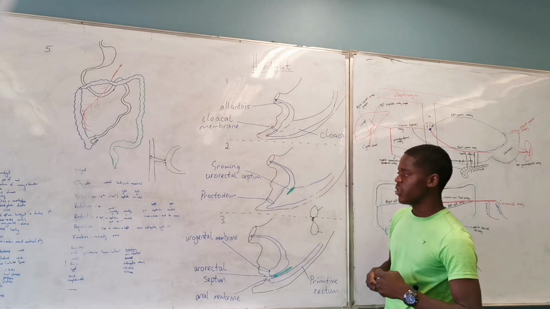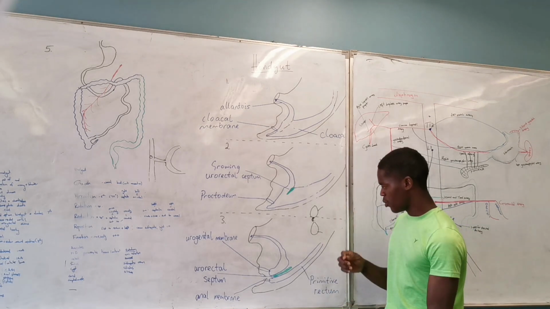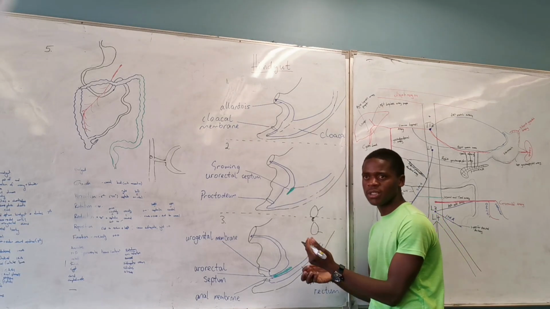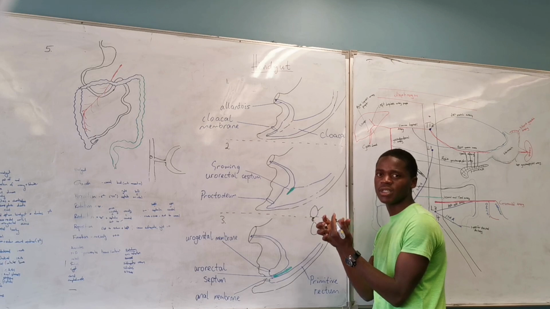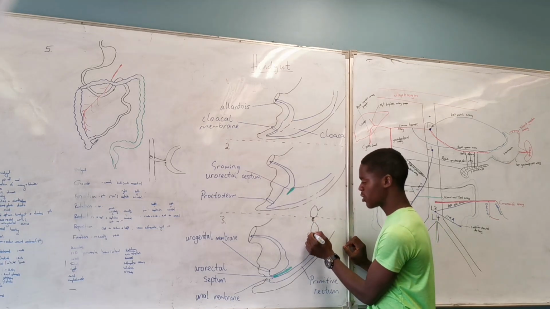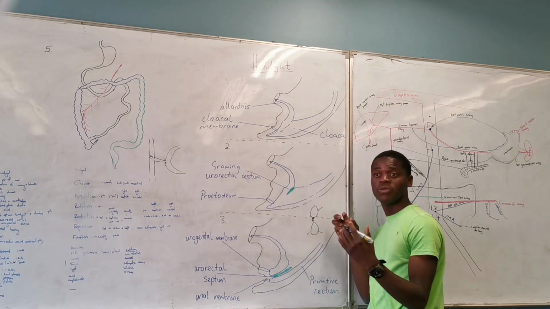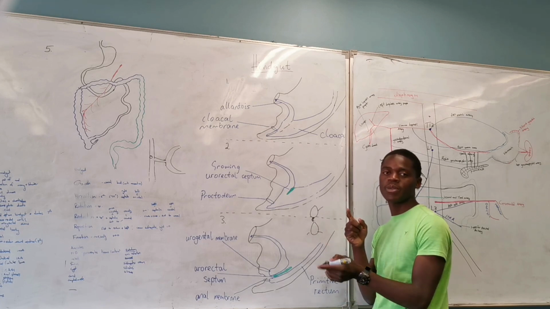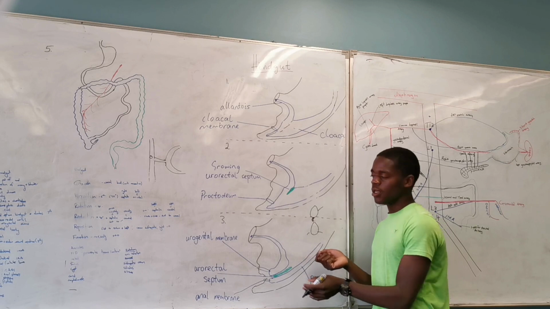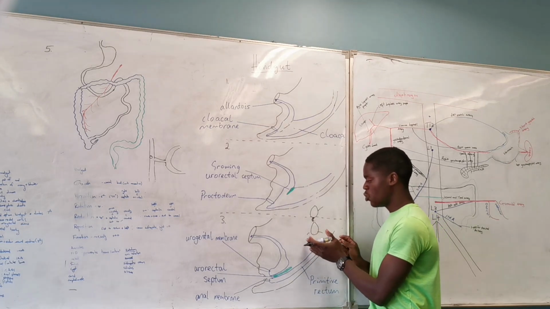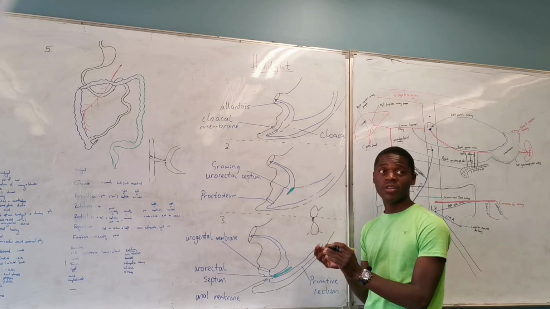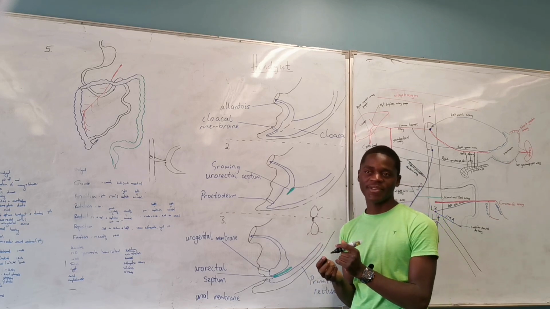Around the 8th week of development, there is proliferation of the ectoderm on the outside, which moves inwards, invaginating until it fuses with the hindgut, forming a complete anal canal. This ectoderm that fuses with the anal canal we refer to as the proctodeum.